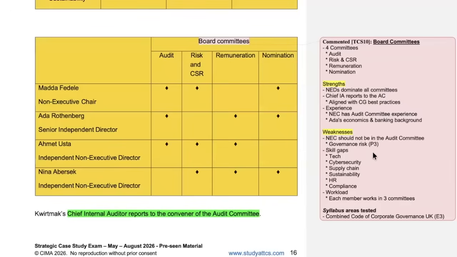And looking at the workload, each member works in 3 different committees. So at the moment, things look totally fine, because a typical non-executive director usually works in 2 or 3 committees concurrently. But at your exam, if the examiner expects to test your knowledge about how to deal with an appointment of a new board committee, then the workload of these existing committee members will increase, because at the moment they are working in at least 3 board committees.